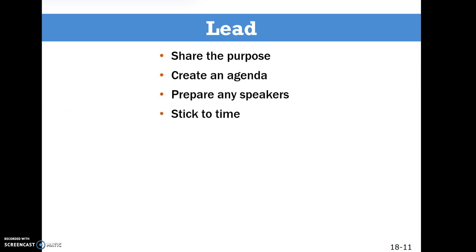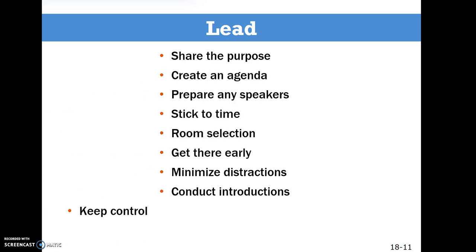So what we're going to be looking at when you're preparing for a meeting is always to share your purpose of the meeting with folks, whether you're emailing the group beforehand or verbally saying it, or whatever means you use to communicate the meeting.